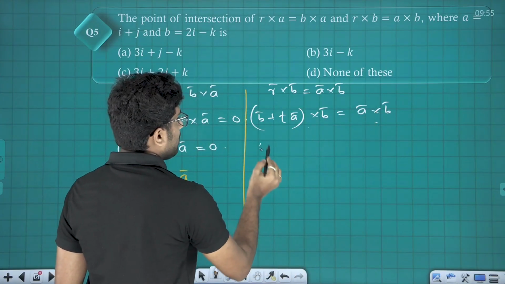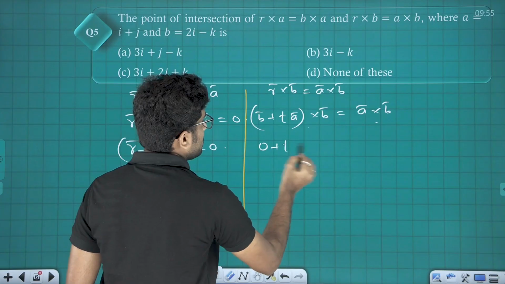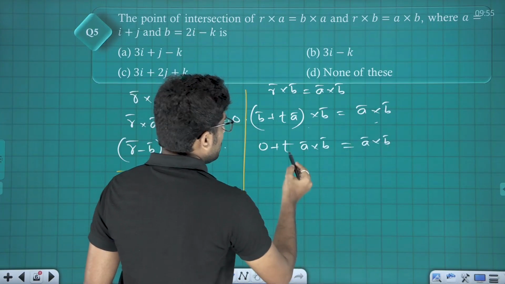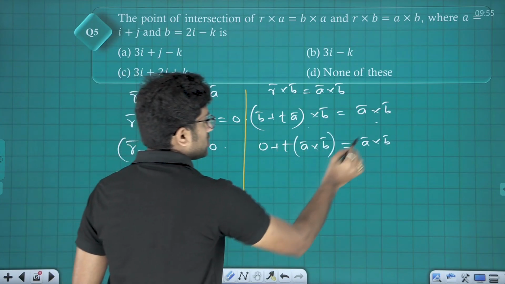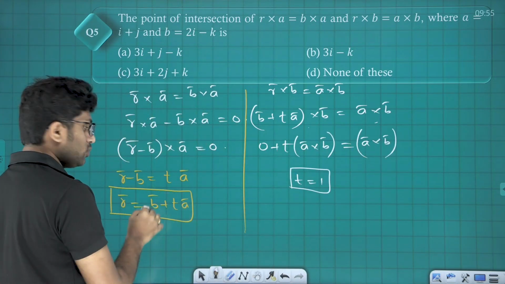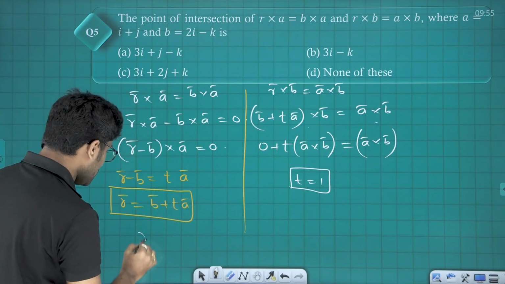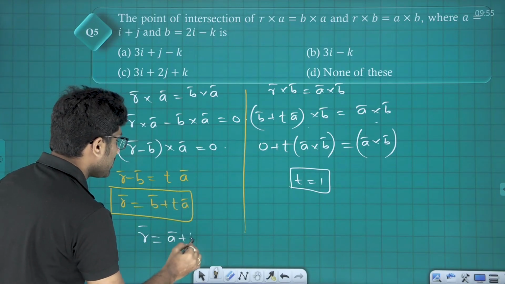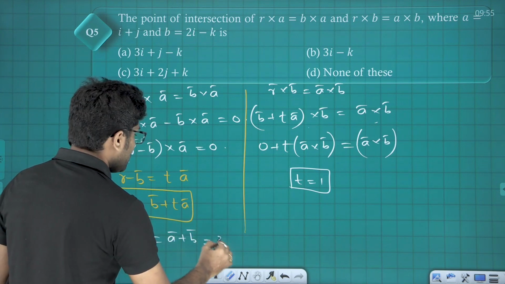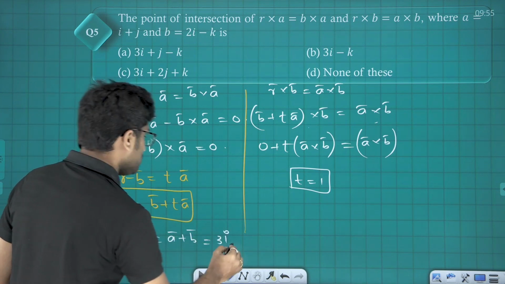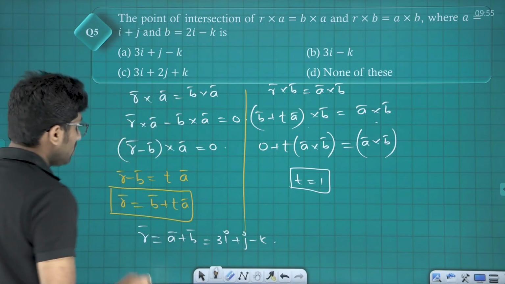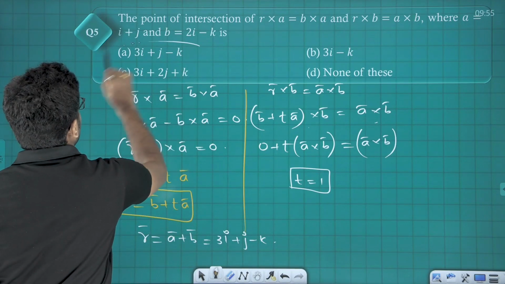Now b bar cross b bar is 0, plus t times a bar cross b bar is equal to a bar cross b bar, means t is equal to 1. Now put this t is equal to 1 here. So r bar is equal to a bar plus b bar, friends. Now a bar given, b bar given. So 2i plus i, 3i plus j minus k will be our r bar, which is option A.